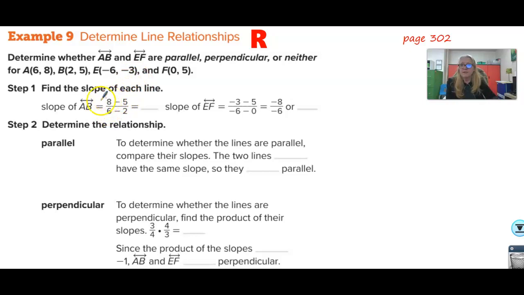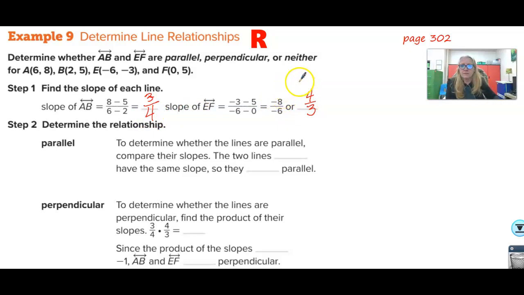So they found the slope of AB. They filled in all the stuff. This gives us a slope of 3/4, and this one gives us a slope of 4/3, and this one's positive because negative over a negative.